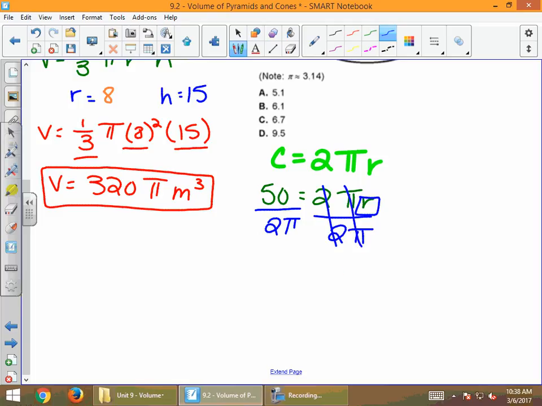Cross this out. Left with r is equal to, make sure when you plug this in your calculator, you put parentheses around it. And you just do 50 divided by parentheses 2 pi, close parentheses.